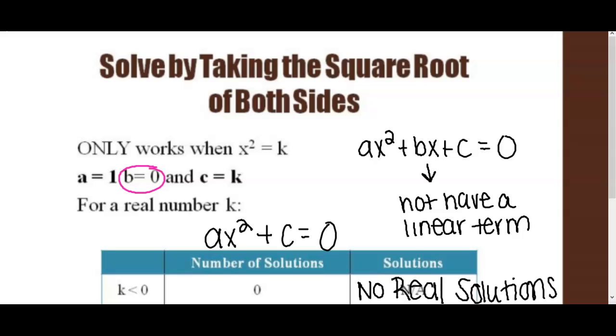You'll see what that means once I give you some problems. If you think about standard form, it's ax squared plus bx plus c. You cannot have a term with just x. So you can have x squared terms, and you can have numbers, but you cannot have a term with an x.